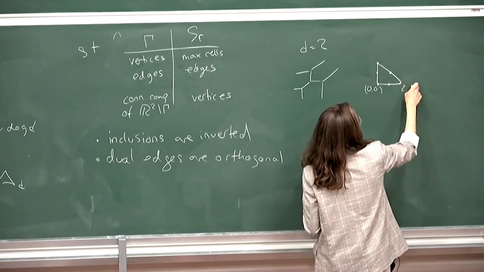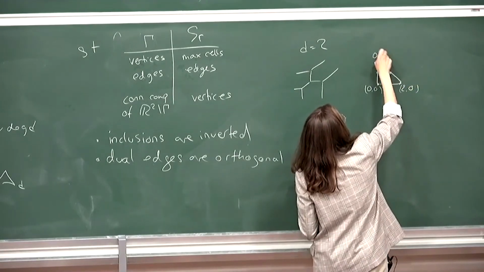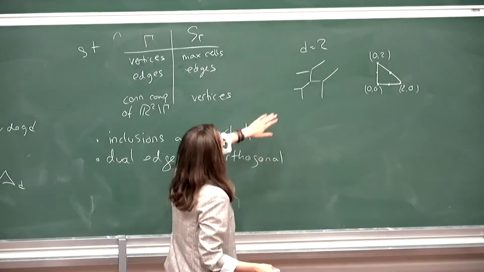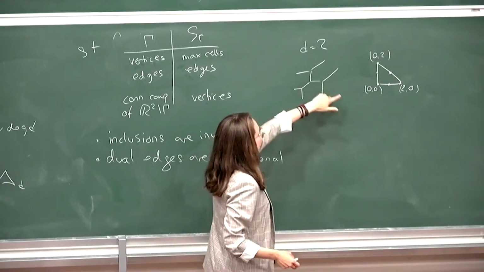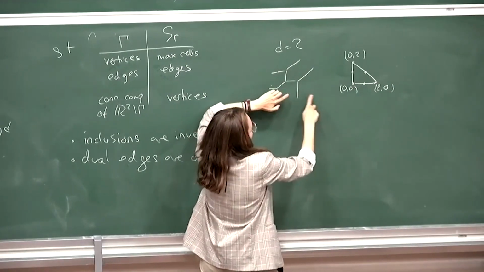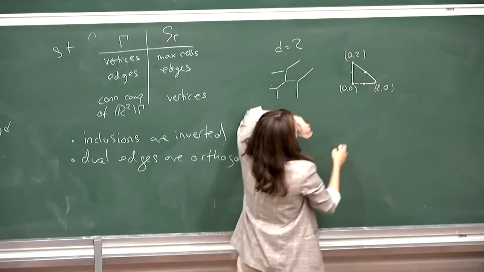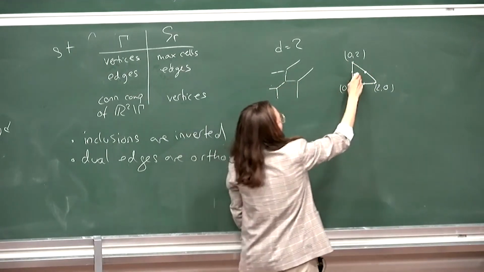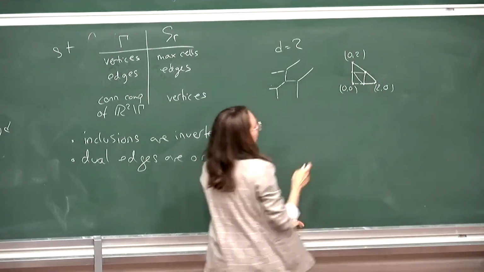Here's the 2, 0. Here's the 0, 2. And I drew all these other lattice points. So I now need to draw through each of these edges an orthogonal edge, and I get the dual subdivision. These unbounded edges here correspond to these boundary edges here. So I just draw orthogonal edges to these bounded edges, and I get the following.